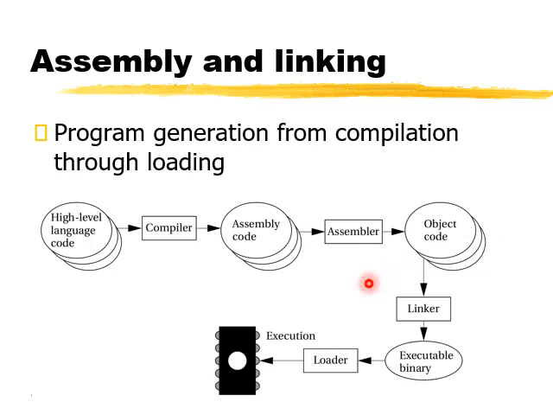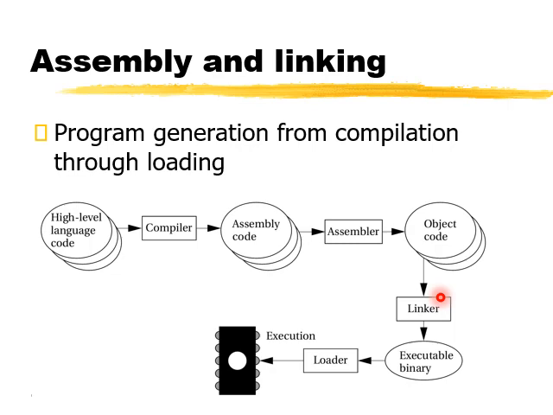So what does the linker do? We can have the main program in many different files. The purpose of the linker is to combine all these files and determine the addresses of the instructions. All the addresses of the labels are determined by the linker, which produces an executable binary file.